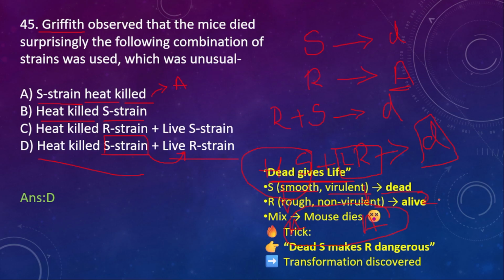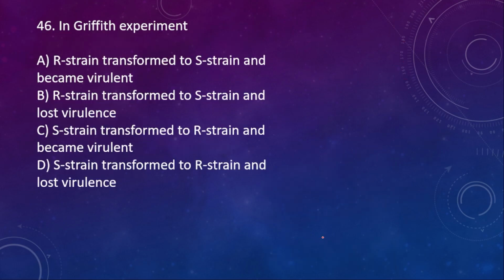Why did it happen? Whatever DNA is present in the S strain was transformed to the live R, and then it started to form a mucus coat around the rough strain. So the dead makes it dangerous. This is what the transforming principle actually explains.